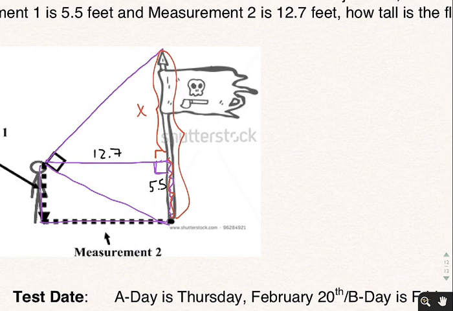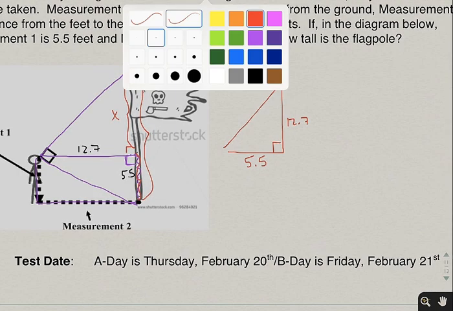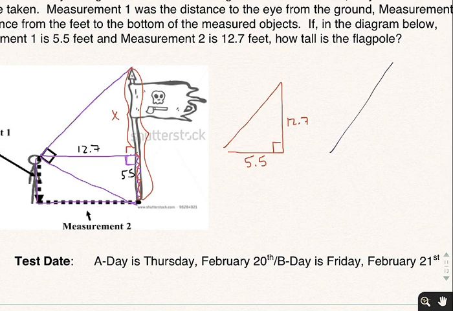Let me explain what I mean. So I have this triangle on the bottom, which I'm going to rotate so it's in its upright position, meaning that 5.5 is here and 12.7 is here. If I take a look at the medium triangle, I'm going to draw it in its upright position. Okay. I do have to do a little switcheroo.